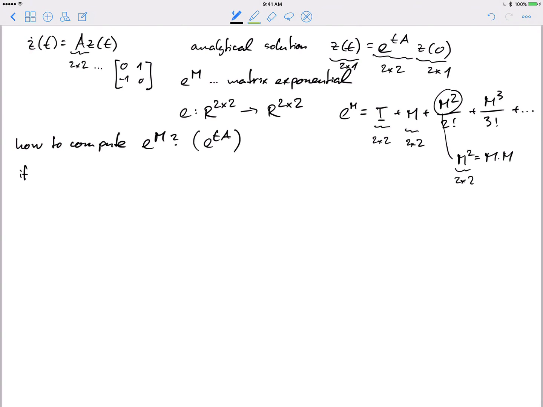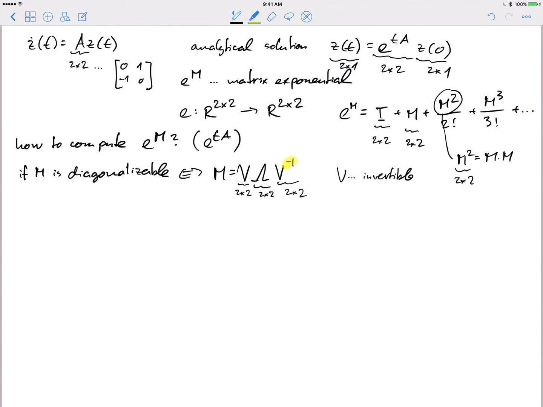So if M is diagonalizable, and this is a basic, that's where the linear algebra, that's why I said the linear algebra is a prerequisite. So if M is diagonalizable, that's the mouthful, which means that we can write M as V lambda V inverse, okay, where all these things are 2x2 matrices as a product, as a factorization of the matrix, okay, where V obviously is invertible because we are taking the inverse, right?